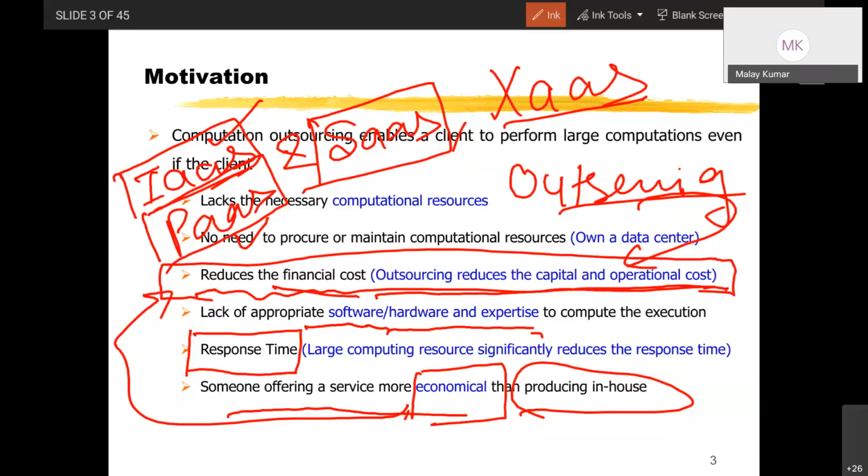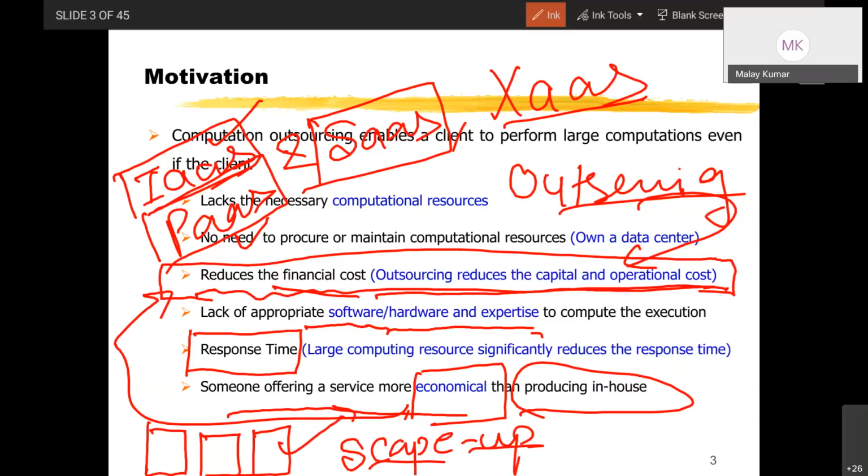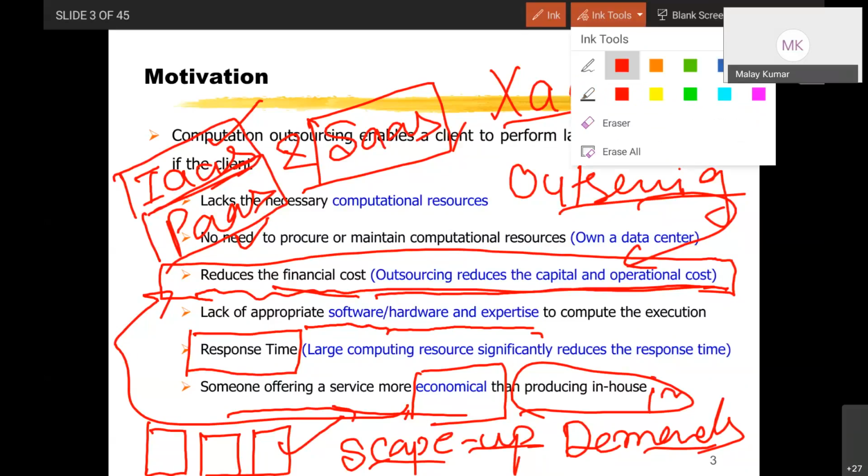If you have a single system or multiple systems, it is not possible to scale up such resources whenever demands increase. However, in the cloud environment, it is possible.